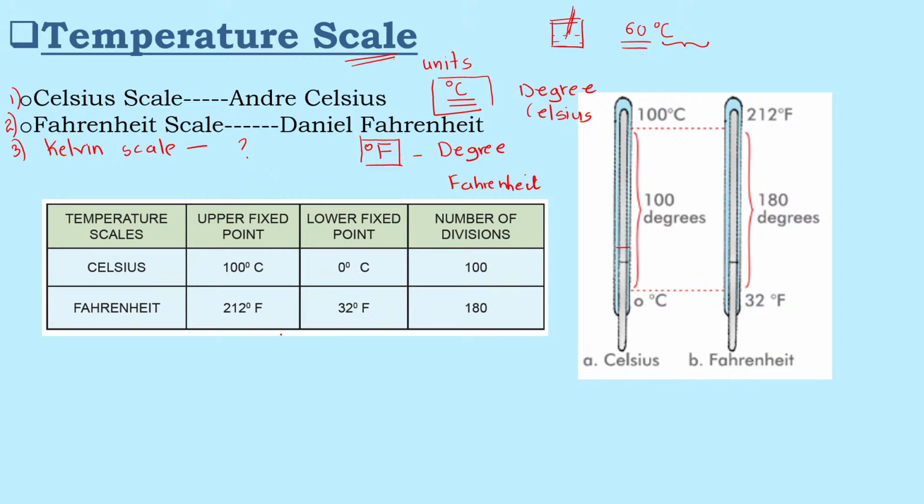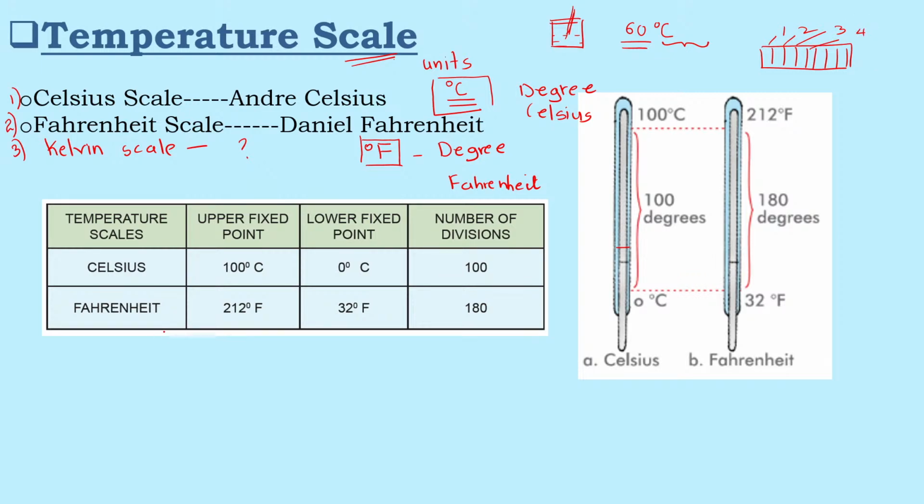The entire scale is divided into 100 lines, just like a 15 centimeter ruler is divided into 15 centimeters. So one line means 1 degree, the second line means 2nd degree, the third line means 3rd degree, and so on, up to 100.